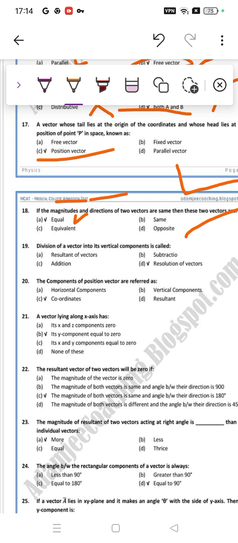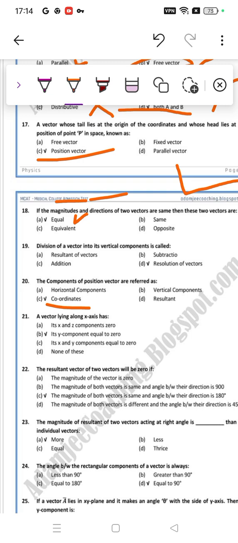Division of a vector into its vertical component is called the resolution of a vector. Then we have the components of a position vector are called coordinates. If these are the components x, y, z, we know they are called coordinates because we have x coordinates, y coordinates, z coordinates.